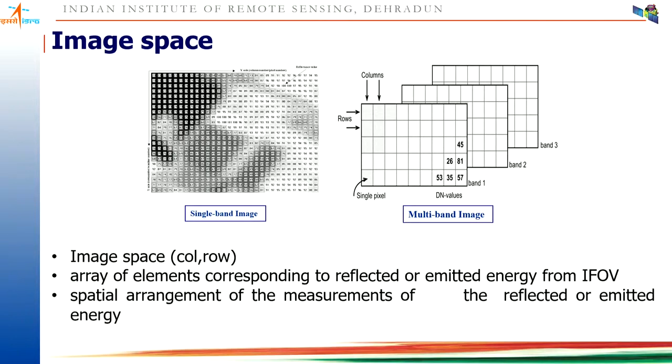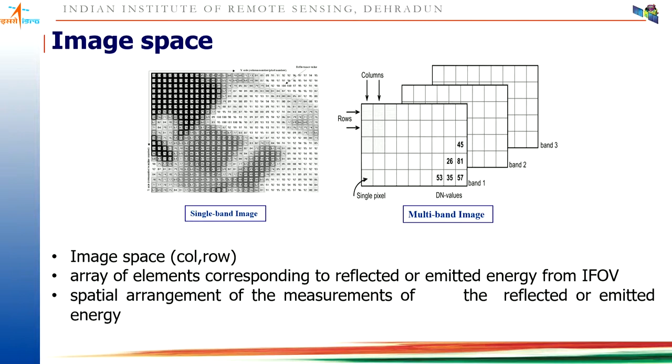Another important concept for digital image classification is the transformation of an image from image space to feature space. Now, what do we mean by image space? You have seen the image in this form, in which all the pixels are arranged based on their rows and columns. This type of representation or arrangement of pixels that we have seen till now is called image space.